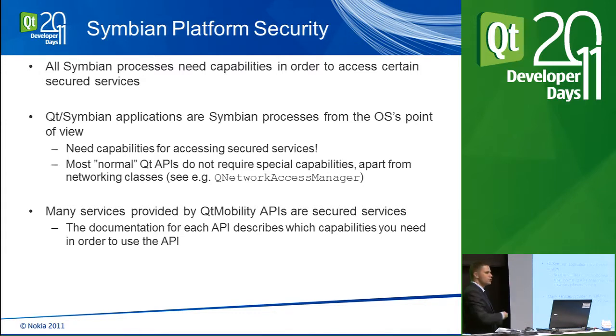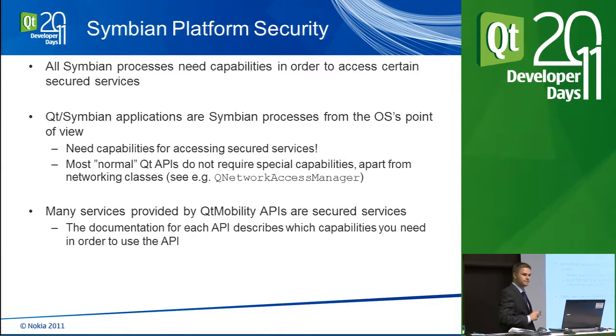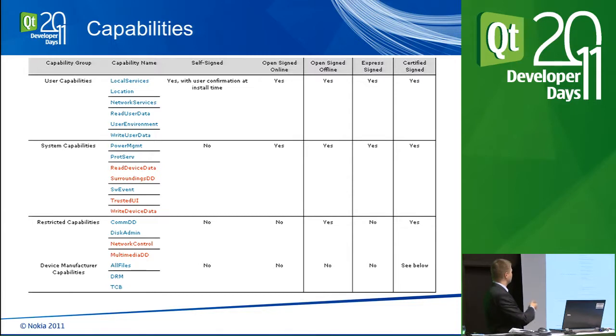And this is true for many other services as well. But you can see the documentation for what capabilities are needed, and usually it's quite straightforward. So there's a small chart of the capabilities, but let's not go there.